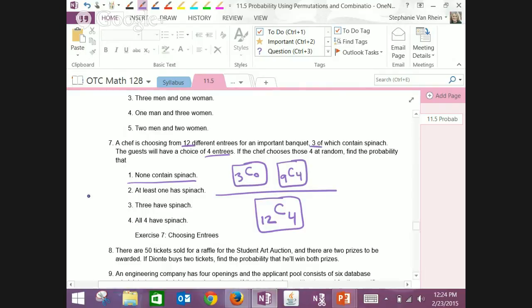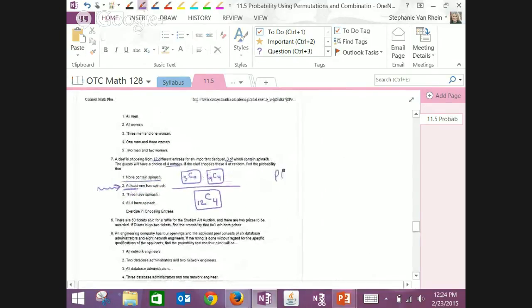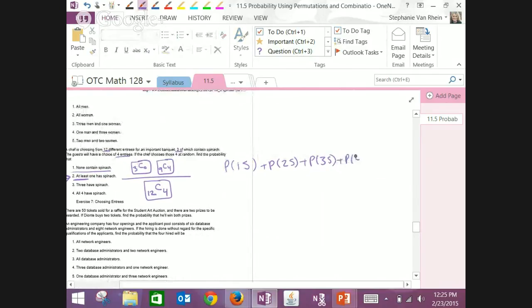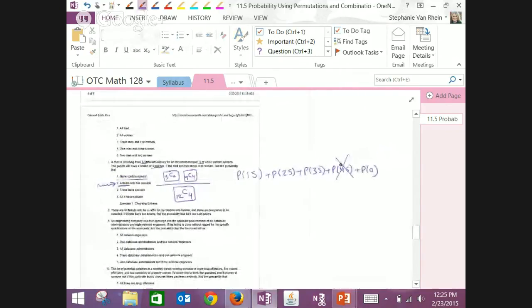There are 2 ways to approach "at least one has spinach." Do you remember the probability theory that we said: the probability 1 has spinach plus the probability 2 has spinach, plus the probability 3 has spinach, plus the probability 4 has spinach, plus the probability 0 have spinach? If I'm picking 4 of these, the 4 case actually turns out to be 0 because there's only 3 of them that have spinach.